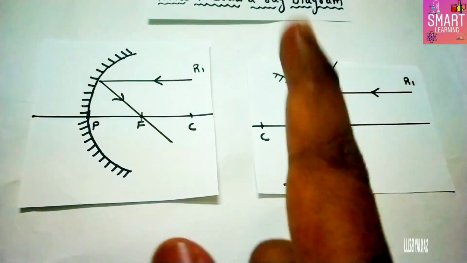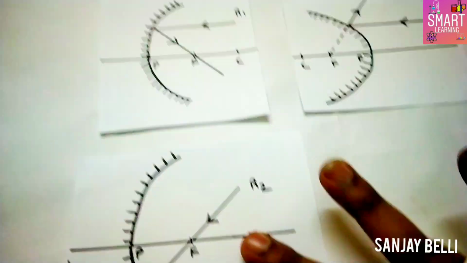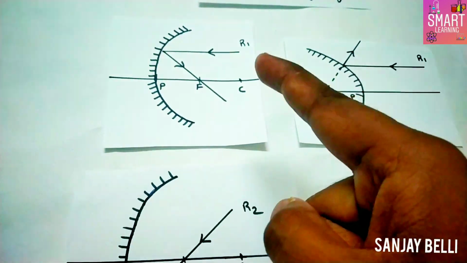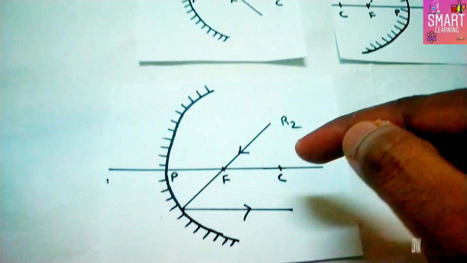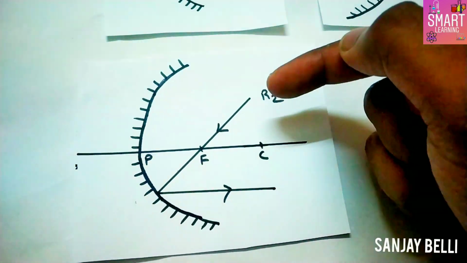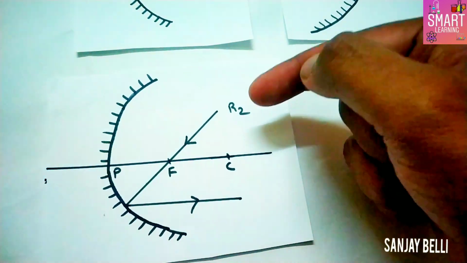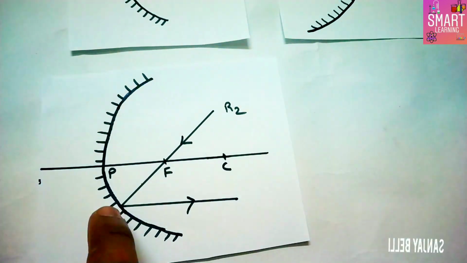Now we will go for rule 2, which is quite opposite to this one. Okay, this is your rule 2. In the first case, a light ray coming parallel to the principal axis passes through the focal point. In this case, the incident ray passes through the focal point and falls on your concave mirror.